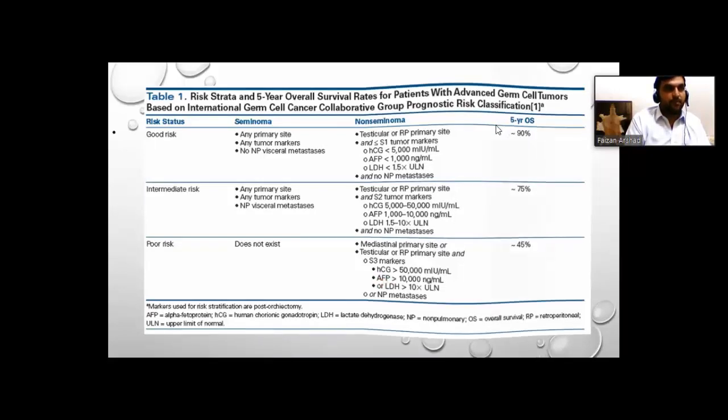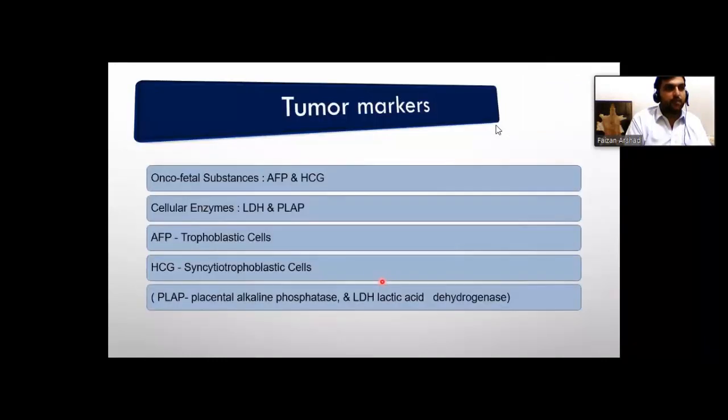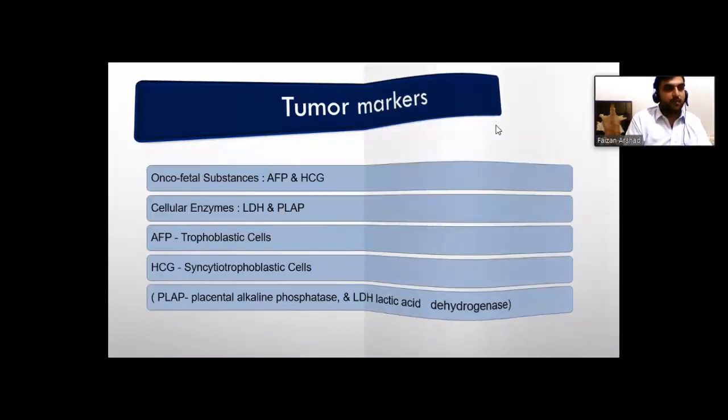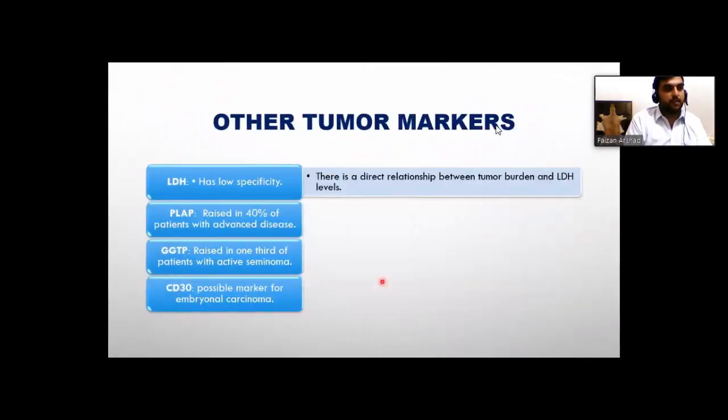The tumor markers are oncofetal substances, which are alpha fetoprotein and HCG, and cellular enzymes, LDH and placental alkaline phosphatase. Other tumor markers are GGTP and CD30.